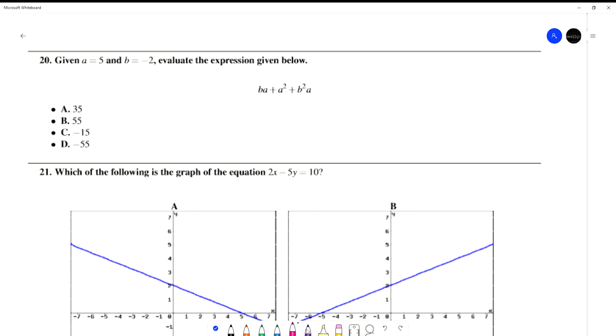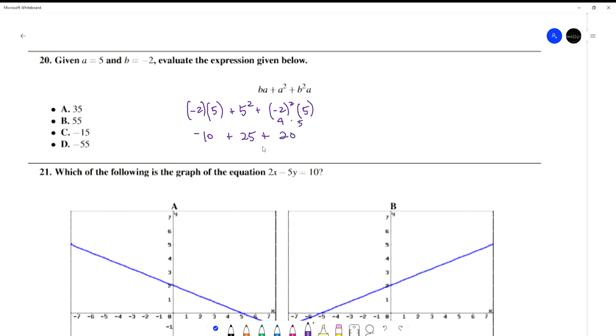I'm going to use B in parentheses, negative 2, times A is 5, plus A squared, plus B in parentheses, squared, times A. Okay, so my first term here, negative 2 times 5 is negative 10, plus 5 squared is 25, plus negative 2 in parentheses squared is 4, right? 4 times 5 is 20.